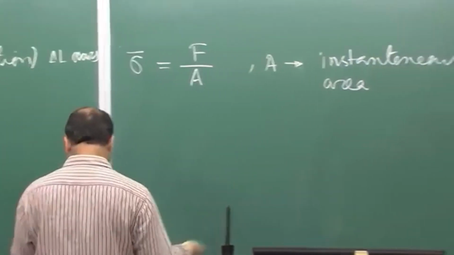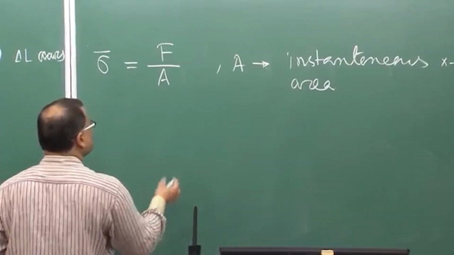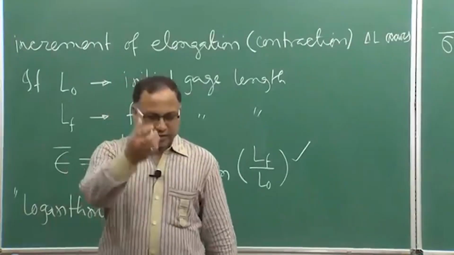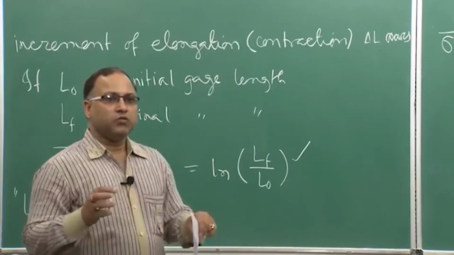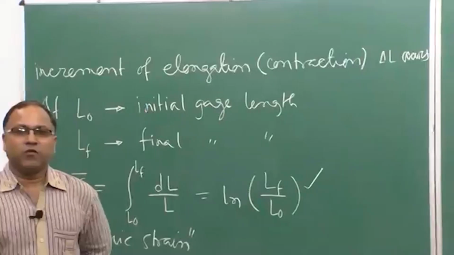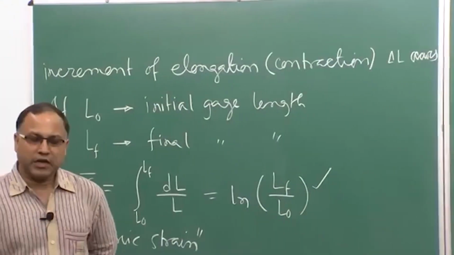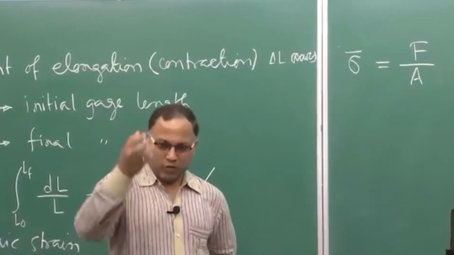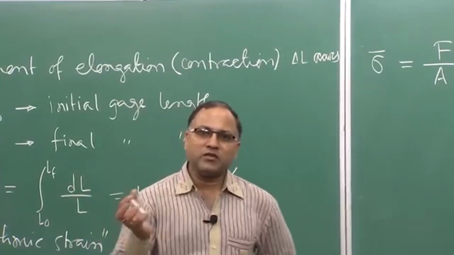Okay. So, whatever strain you are observing during that period, actually your volume is not getting changed, right. I am not changing the volume of the material, right. When you are applying the force, your volume is not getting changed.